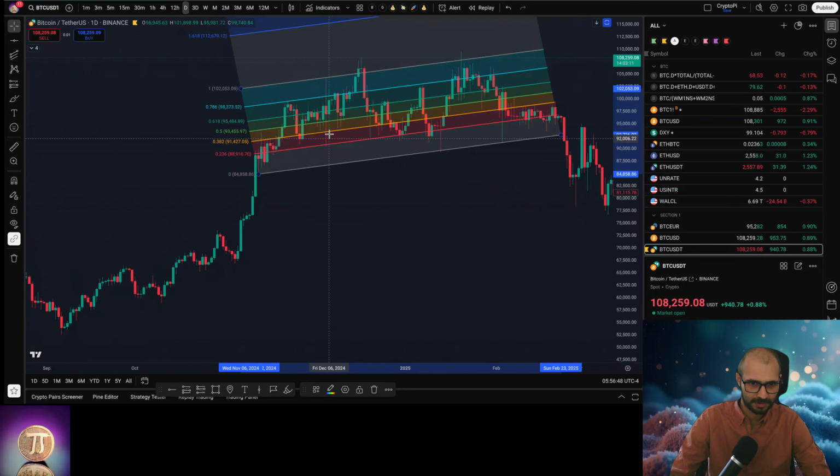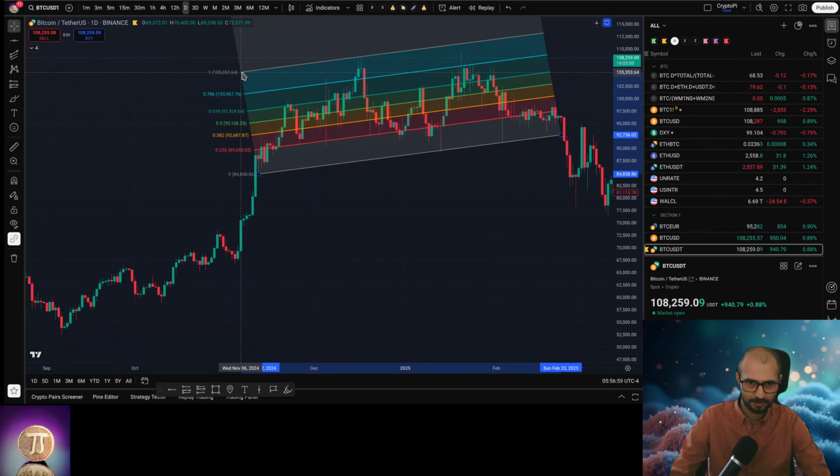This is a very interesting one. If you look at this particular candle on December 5th, you see that it basically covered from, I think let's make it to the proper one, to the high here. It covered like 4 bands of the Fibonacci channel.